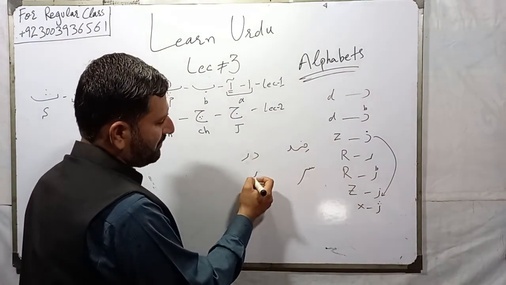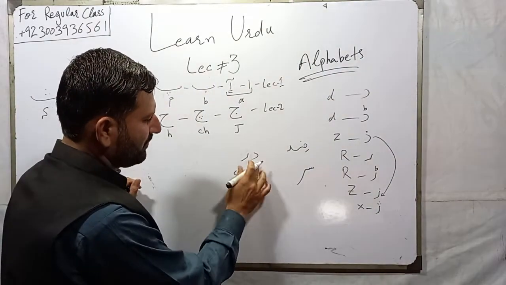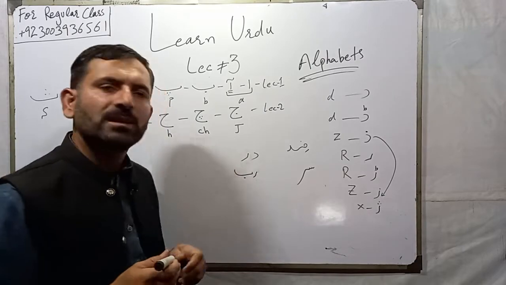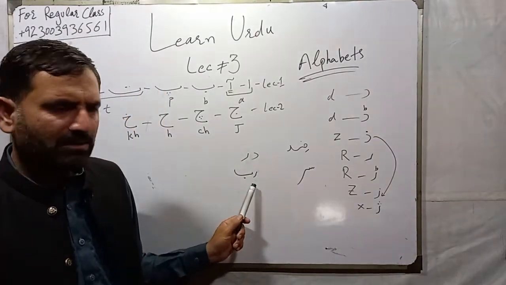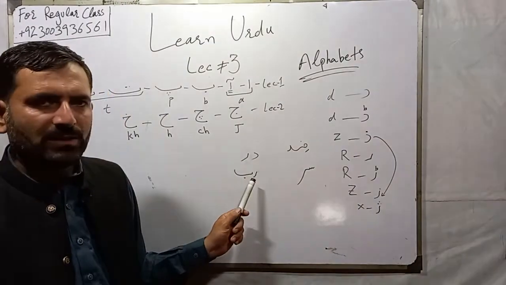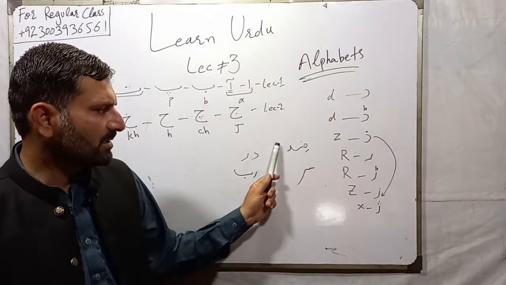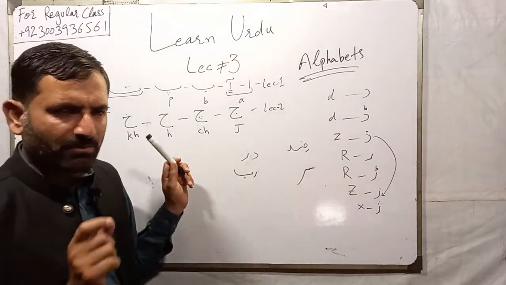The rook, rub. You can see that at the start they don't touch the next letter, but at the end they touch the next letter.